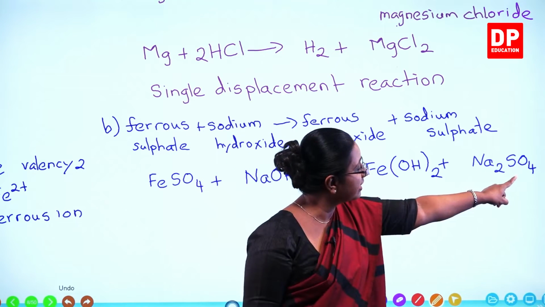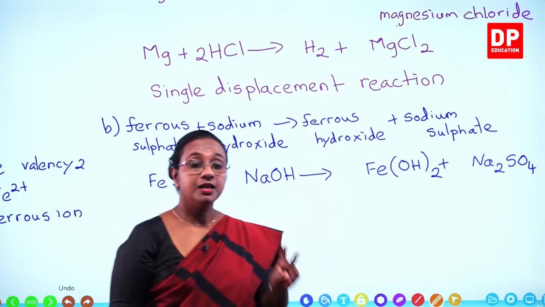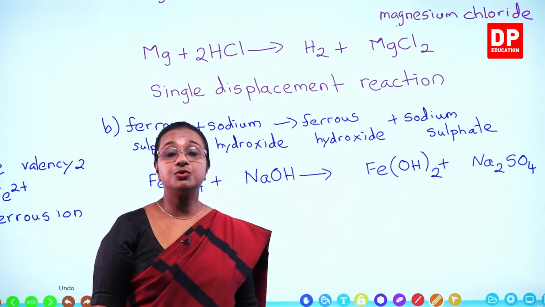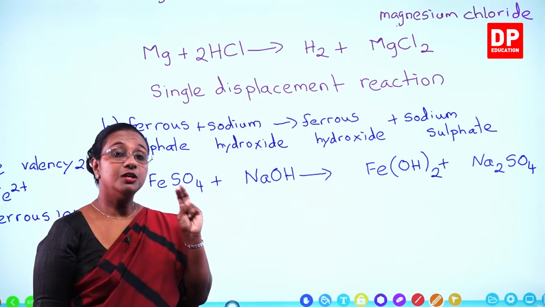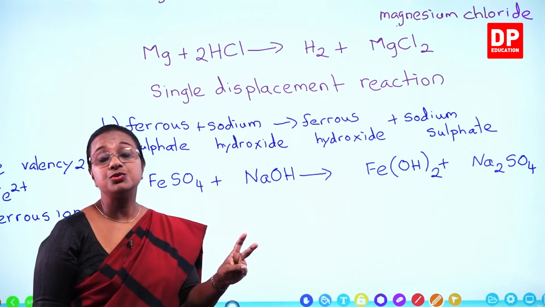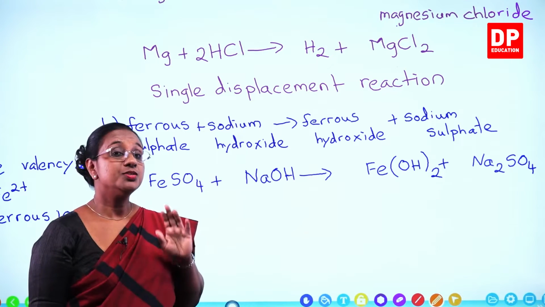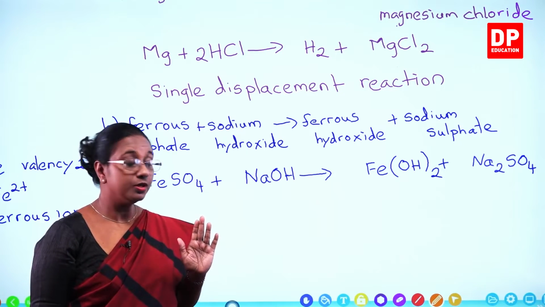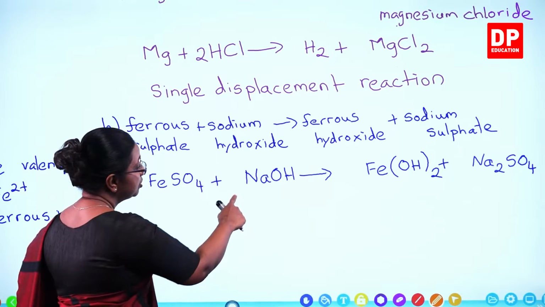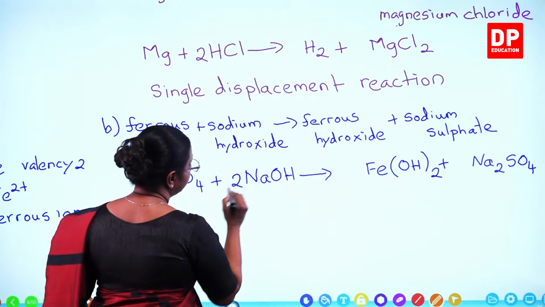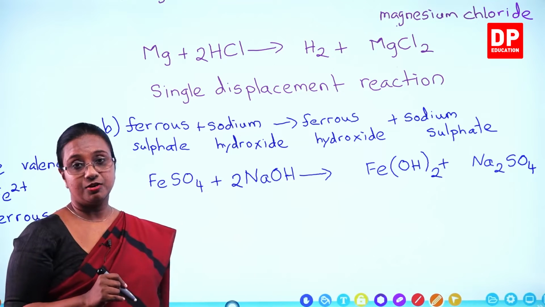But if you look at this, sodium sulfate, Na2, there are 2 sodium atoms. So you need to have 2 oxygens, 2 hydrogens and 2 sodium. So easy. What do we do? We put a coefficient 2 in front of sodium hydroxide.